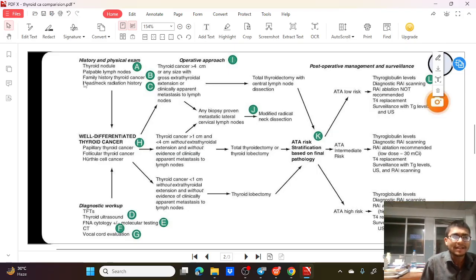And sometimes when it is an aggressive cancer, we may need 3D imaging in the form of CT or MRI of the neck and chest. So for the thyroid nodule, we'll check for the palpable lymph node, any family history of thyroid cancers, and any history of radiation.